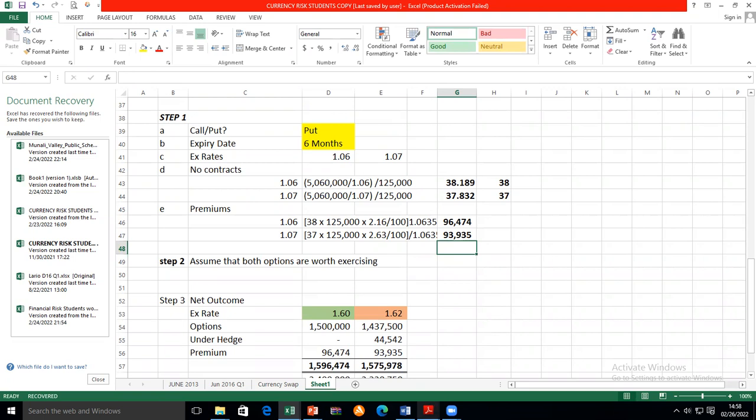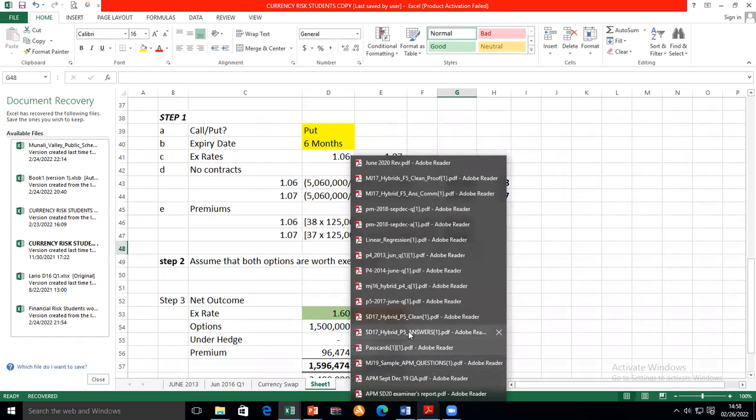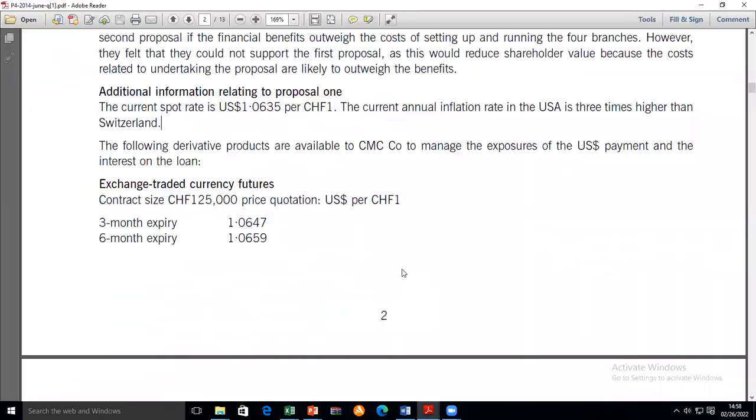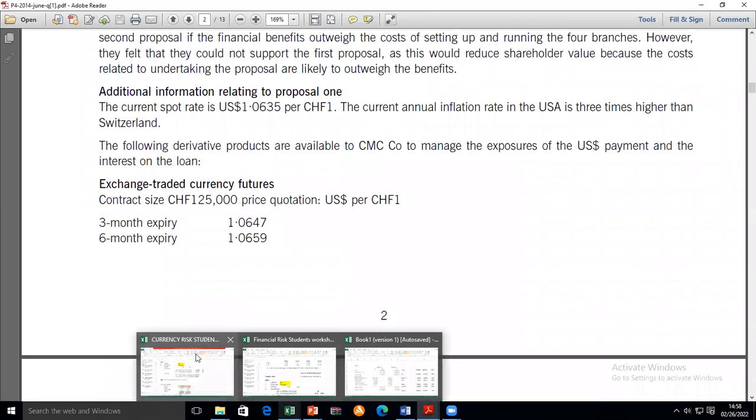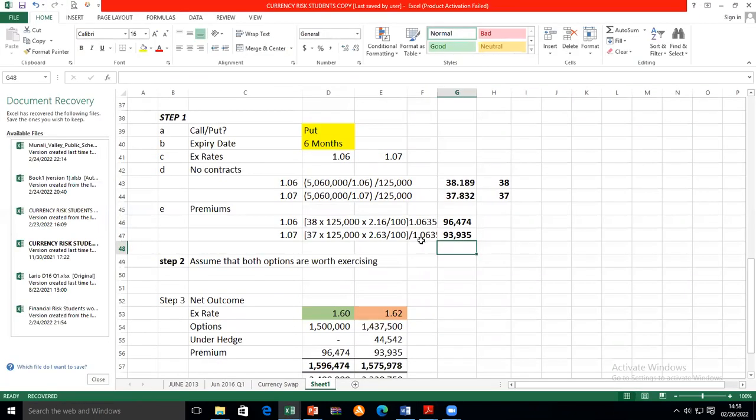Okay, let's see if I've done the correct thing. 1.0635, I copied it correctly. I can just put here that I'm dividing.